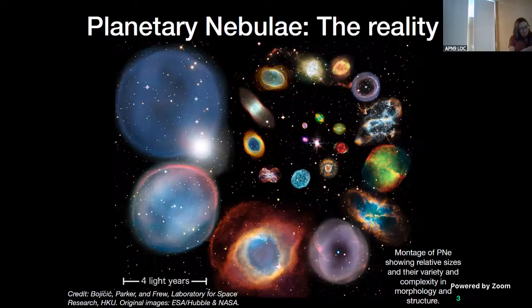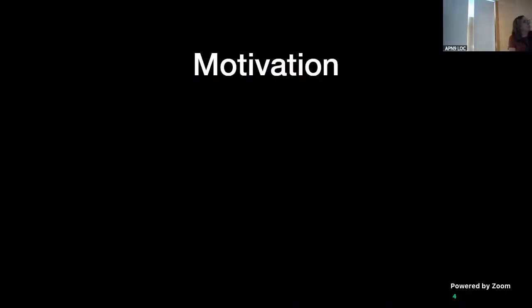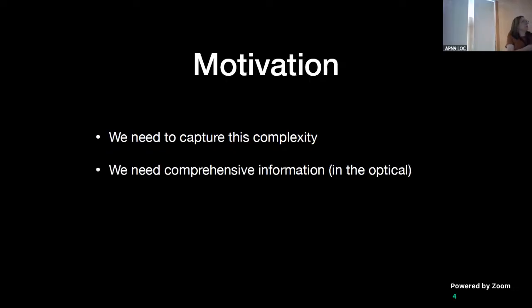And to understand this kind of objects, we need somehow to capture this complexity. We need other things too. And to capture this complexity, we need comprehensive information, both in the spatial and the spectral direction. In my case, in the optical, because it is where I work the most.